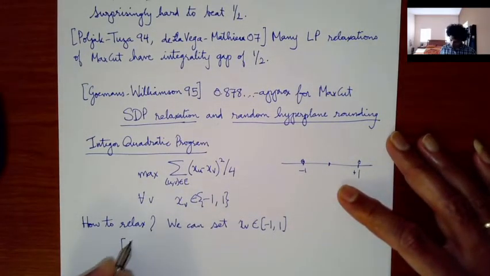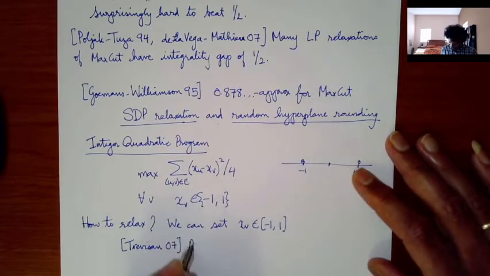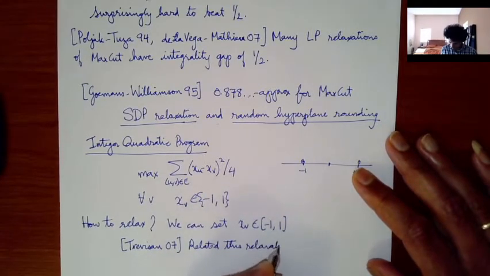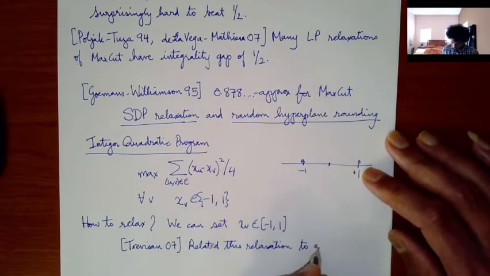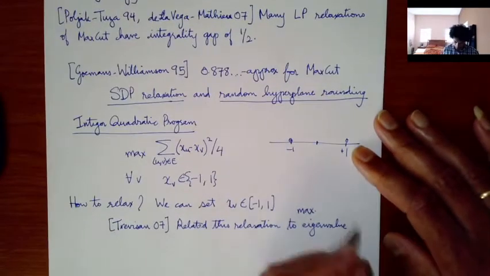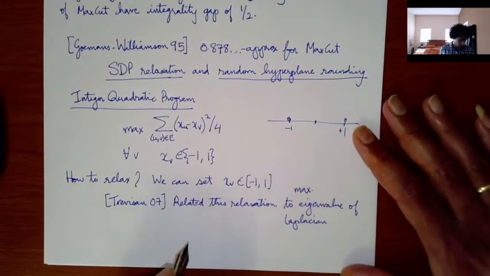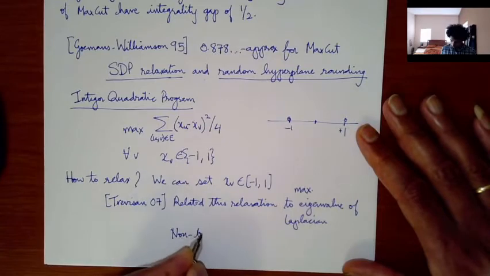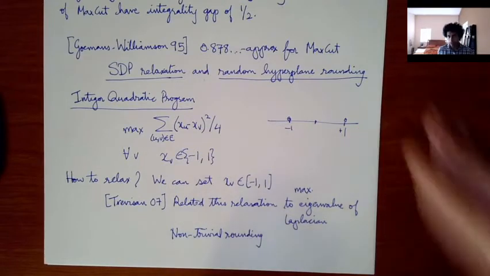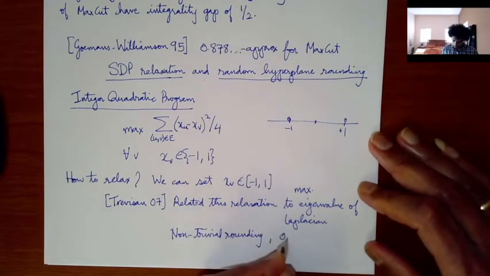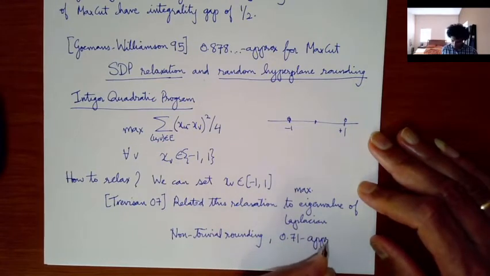Analyzing this is challenging, but Trevisan in '07 related this relaxation to the maximum eigenvalue of the Laplacian, and there's a fairly non-trivial rounding. It's a fairly complex rounding procedure, and you can get something like a 0.71 approximation using it.